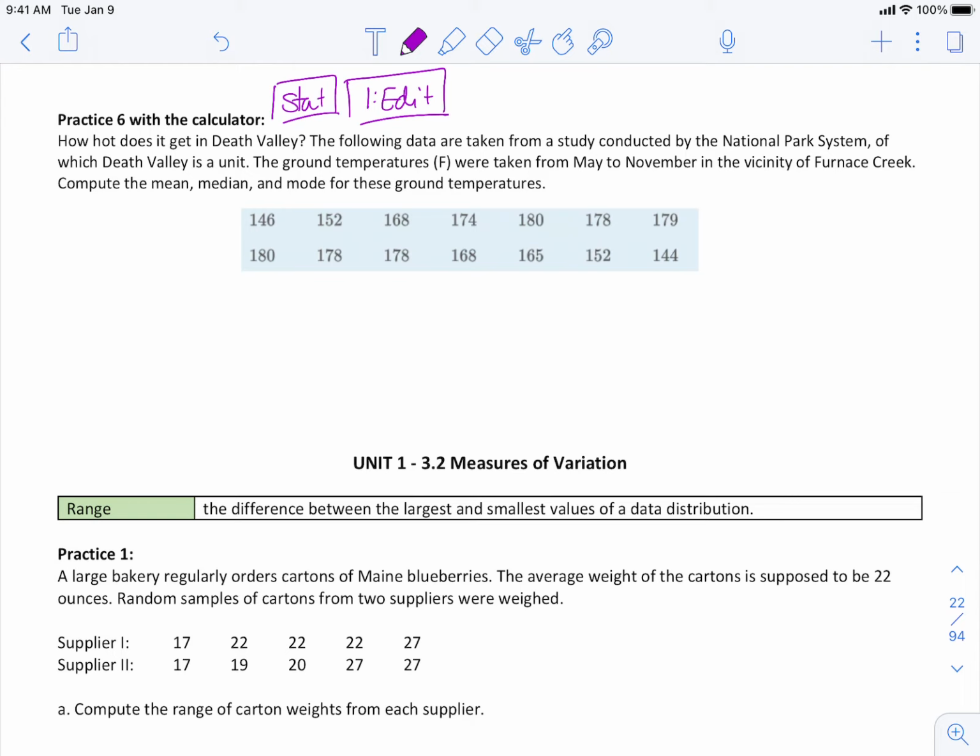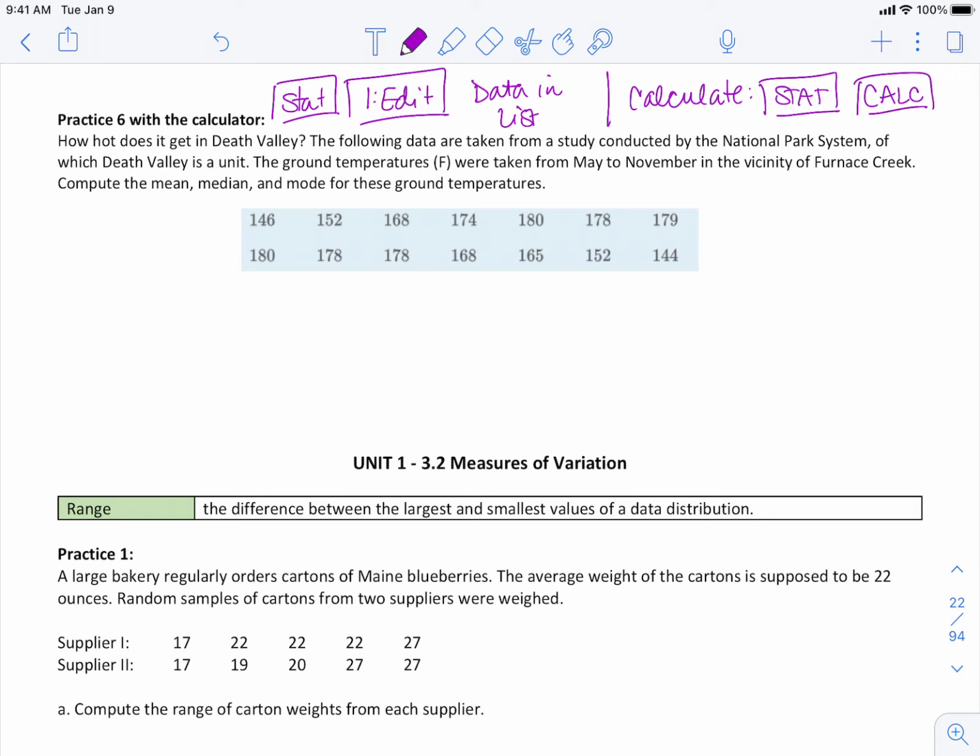Then to calculate, you're going to hit stat. So this is to put the data in the list. Okay, then to calculate, you're going to hit stat again. Then arrow right to calc.